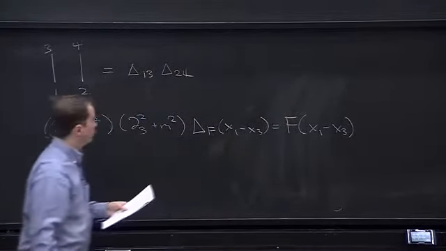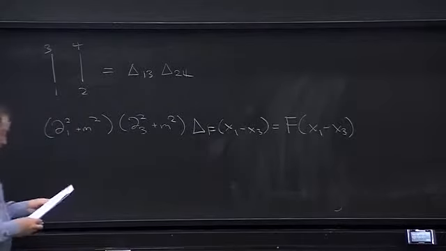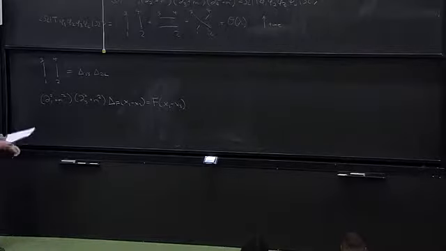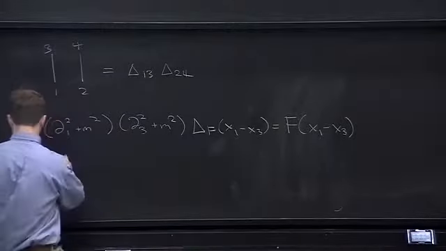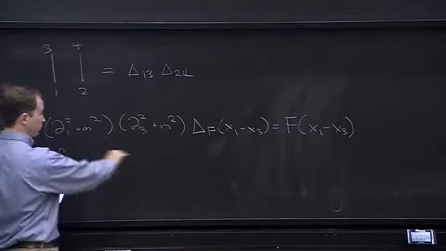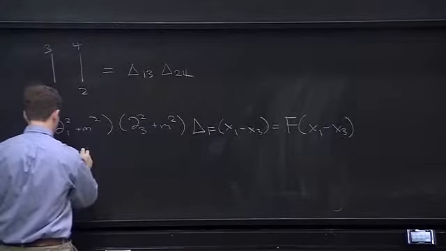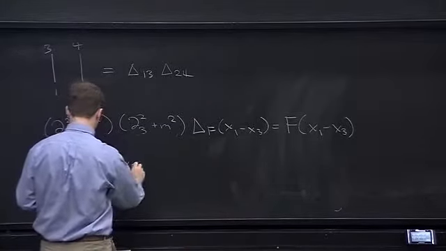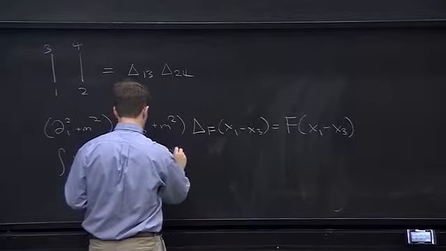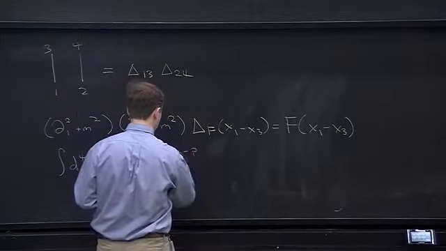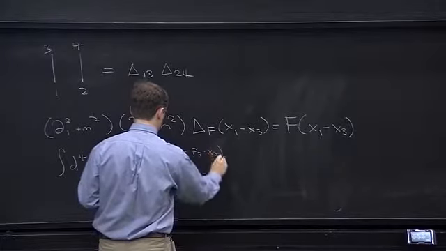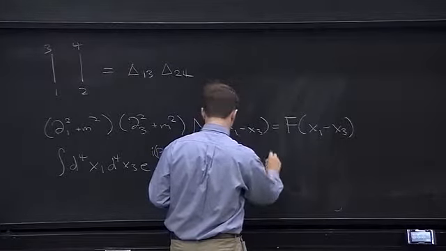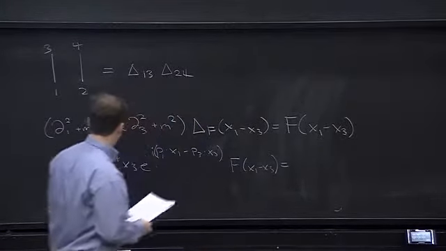Call this F. And then also in the LSZ reduction formula, we're basically Fourier transforming F. So we've got an integral d4x1 d4x3, e to the i(p1·x1 minus p3·x3), acting on F.